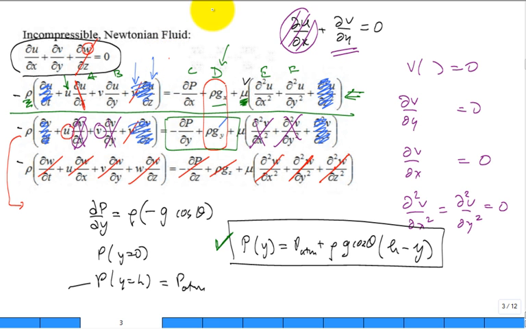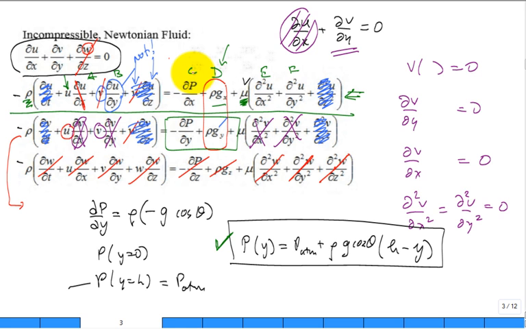It could drop out either because V everywhere is zero, or that the change in U with respect to y is zero. But this time, the change in U with respect to y is not zero, is it? But guess what V is everywhere? Zero. So that term B drops out. What about C? How does the pressure change as a function of x?